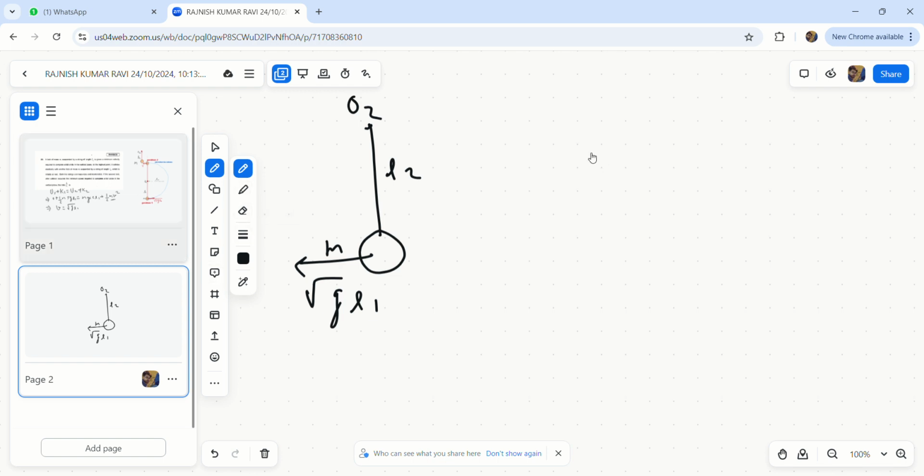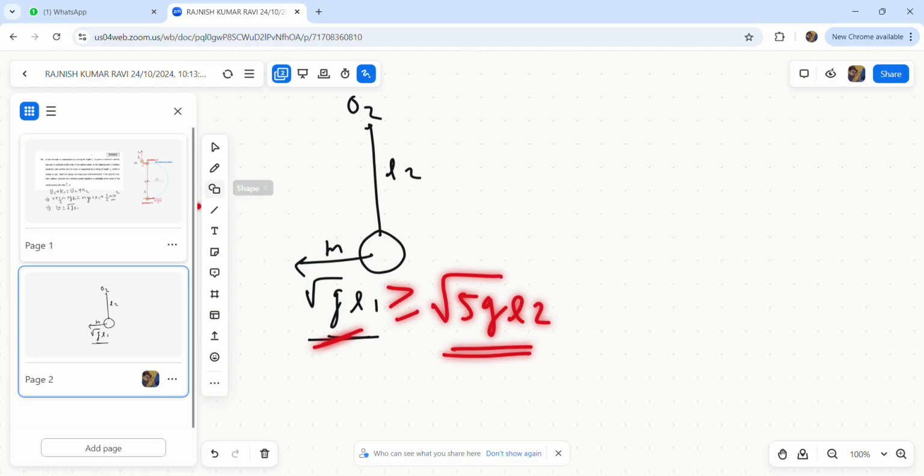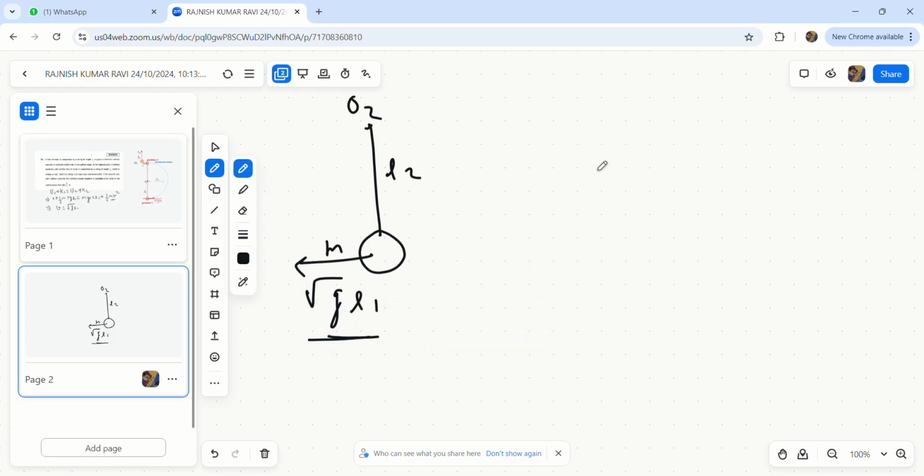Now it is given in the question that it acquires the minimum speed to complete the vertical circular motion. So this speed must be equal to under root 5gL2 in order to complete the vertical circular motion.